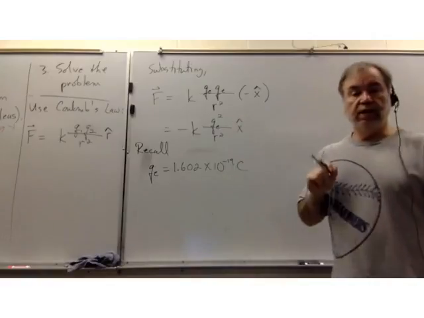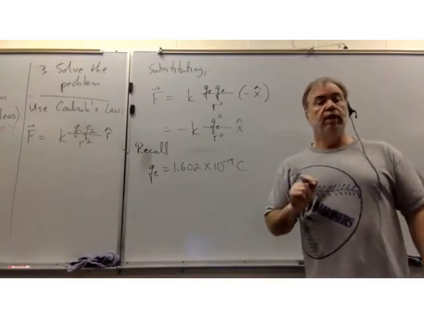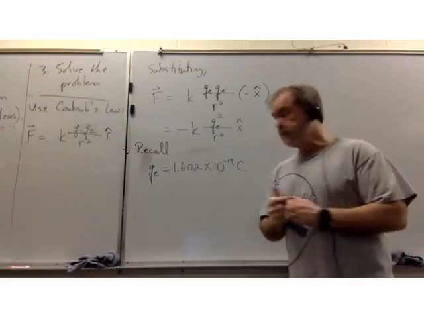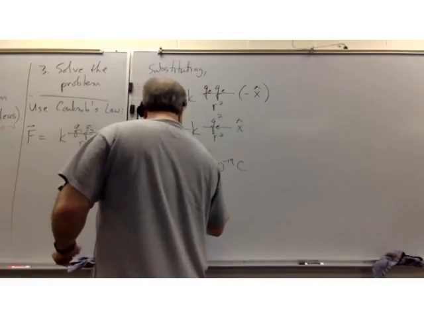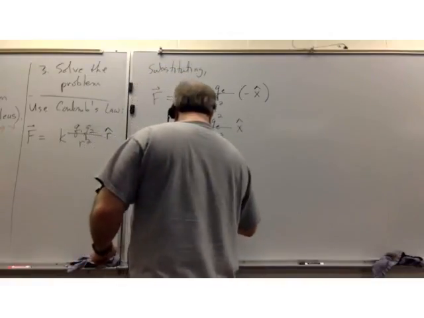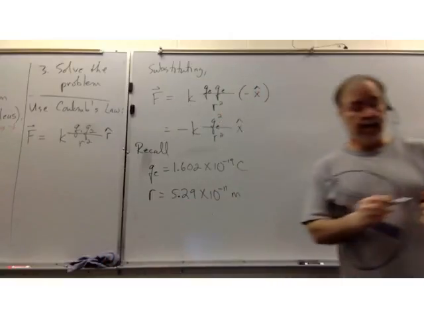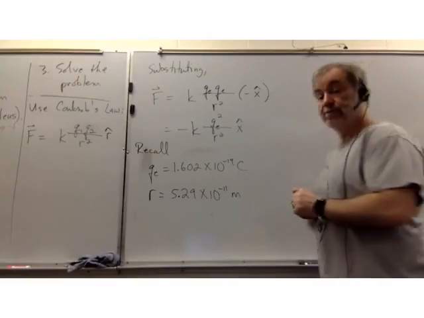And the distance between the two charged particles is actually a known value, and it's something you could look up in your textbook. Assuming I'm remembering it correctly, I happen to have that memorized, 5.29 times 10 to the negative 11 meters. Very, very small distance. Atoms are really small.